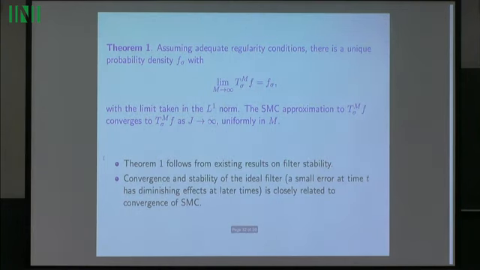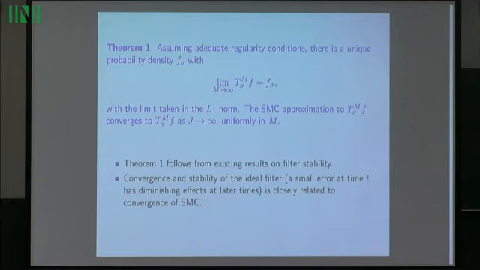Nevertheless, I felt I should show you a couple of theorems about this thing. So this iterated Bayes map does converge to something, and the sequential Monte Carlo approximation also converges uniformly to that something under suitable regularity conditions.